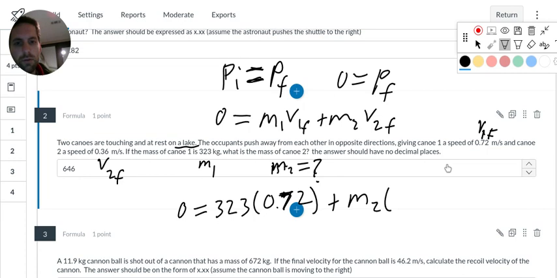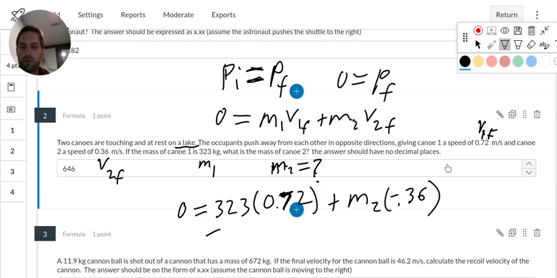I do know speed of canoe 2, 0.36, and that's going to be a negative value. Alright, so I'm going to solve this, put this on the other side.